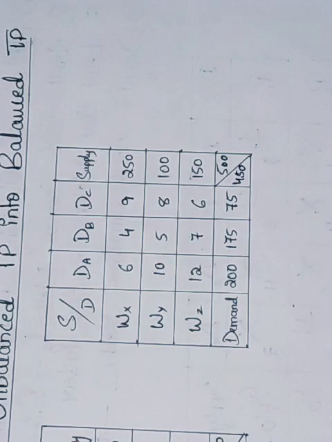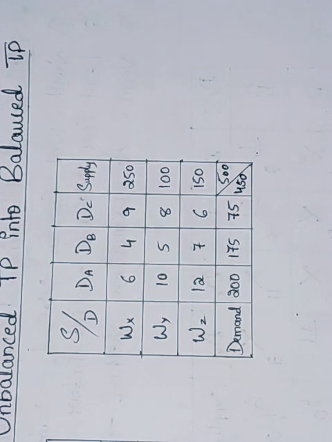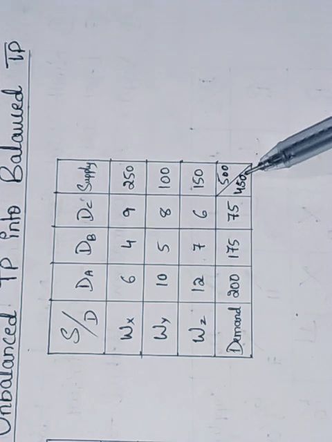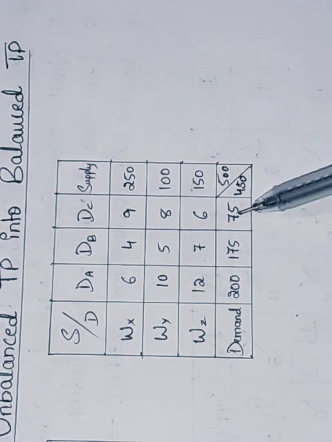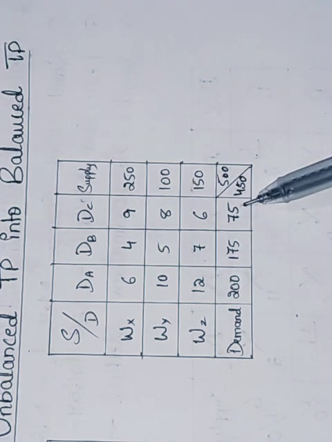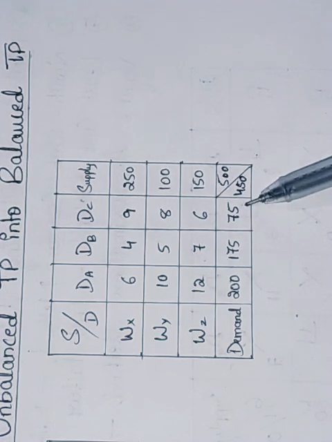So in this example, demand is less than supply. In the previous example, supply was less than demand. So in this case, we have to increase the demand requirement by 50 units.